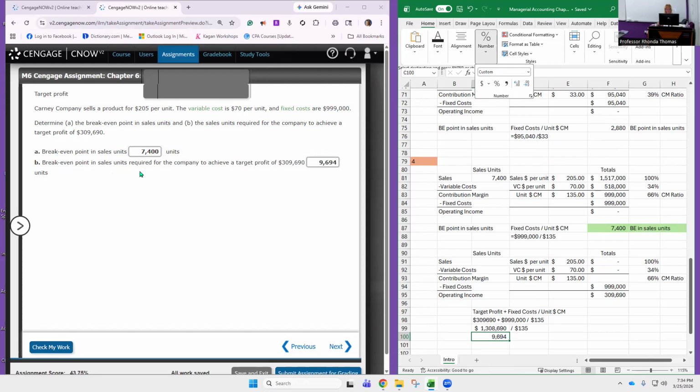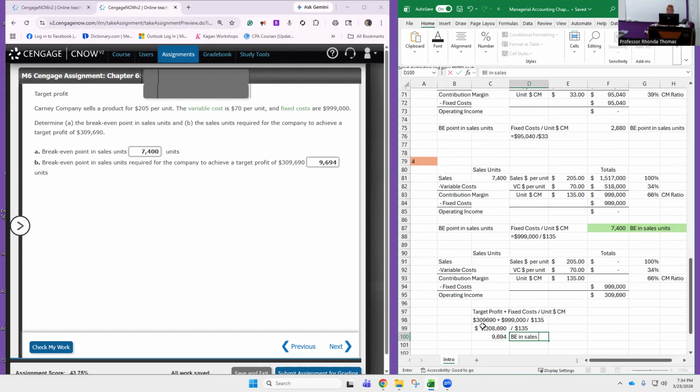Okay, and it says that's what we should put in. So this is break-even point in sales units required for the company to achieve a target profit of 309,690. So this is break even in sales units.